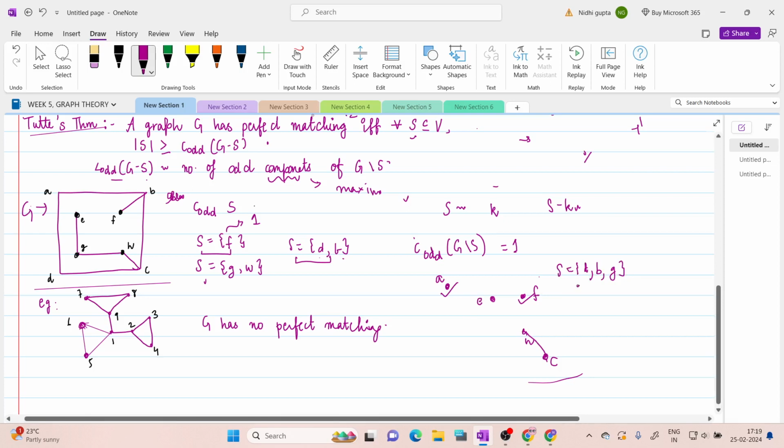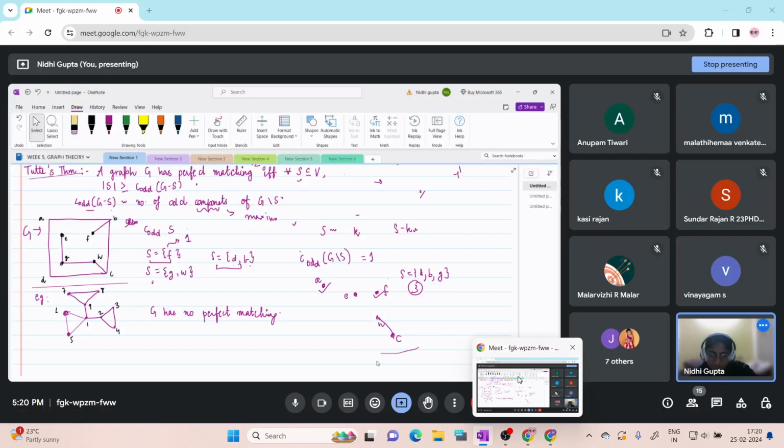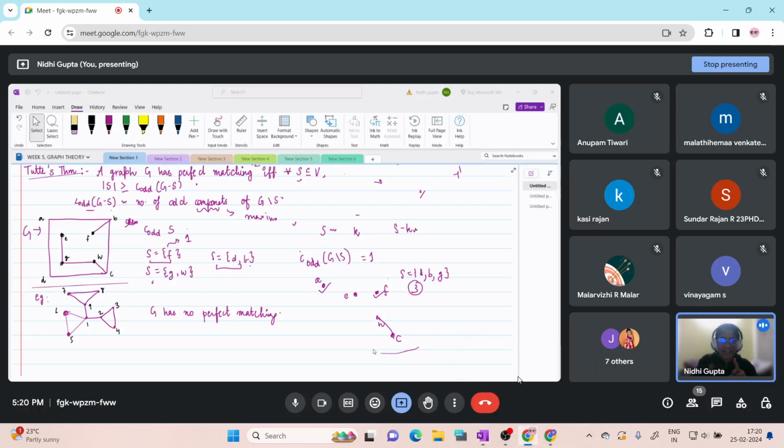So this is also not giving that condition. If a graph does not have a perfect matching, then we should be able to find some k vertices whose removal is giving us more than k odd components.